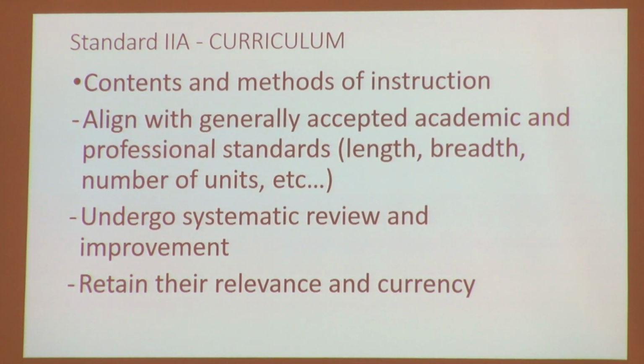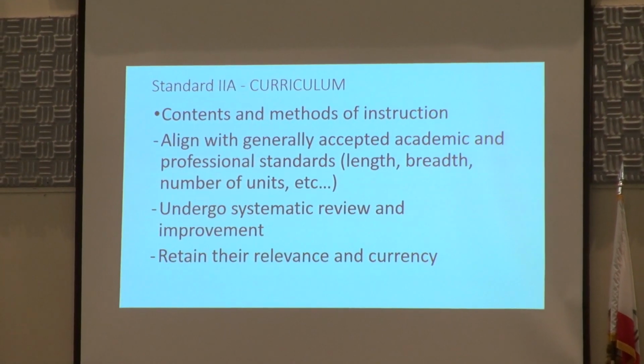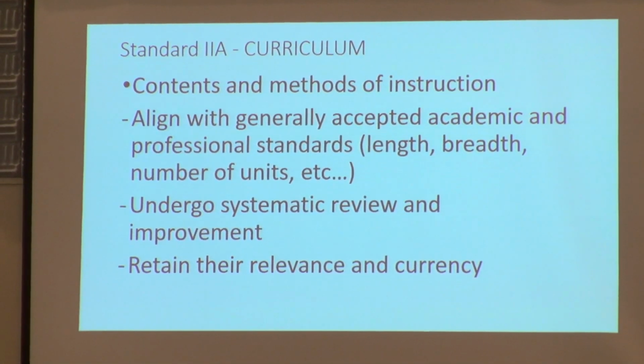One of the standards is to align with generally accepted academic and professional standards. That's a little bit vague, right? How do you know what's generally accepted academic professional standards, length, breadth, number of units, and so forth? One of the best ways, besides accreditation, is by articulation. We have a lot of articulation agreements with other colleges and universities.